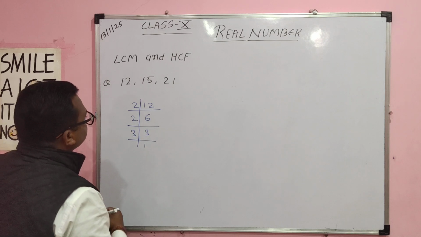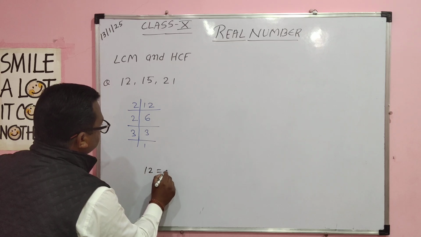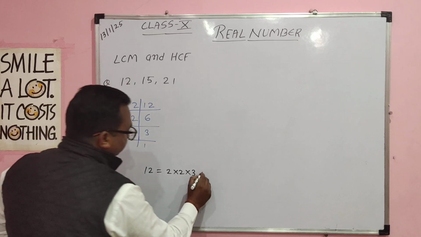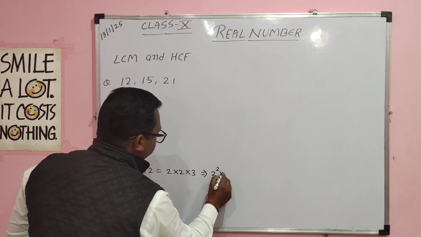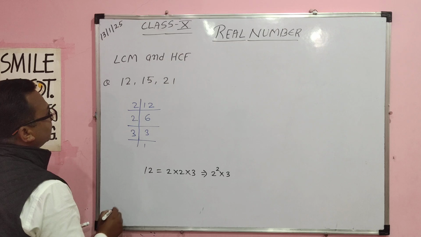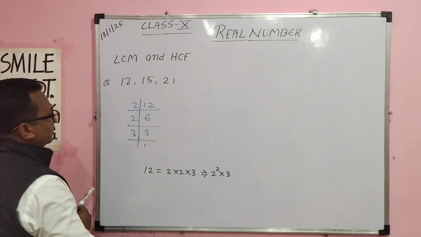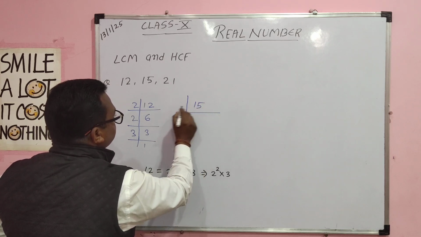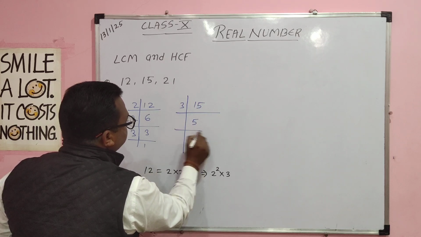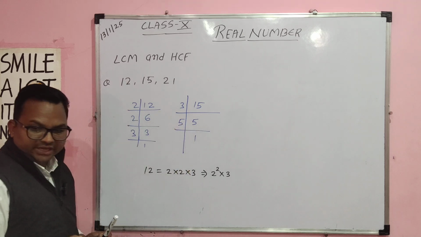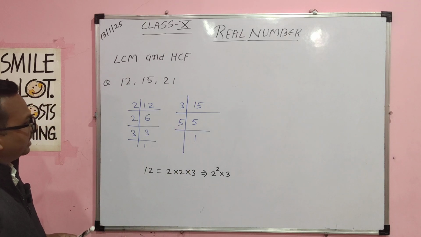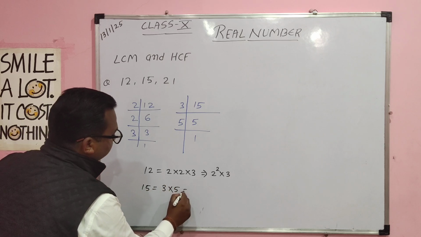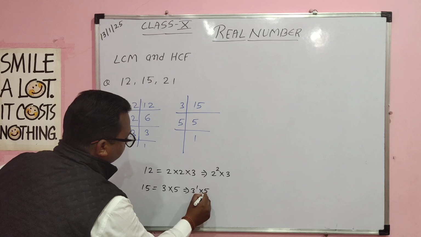So the prime factors of 12 are 2 multiplied by 2 multiplied by 3, which is 2 to the power 2 multiplied by 3. Next is 15: 3 5s are 15 and 5 1s are 5. So the prime factors of 15 are 3 multiplied by 5, meaning 3 to the power 1 and 5 to the power 1.